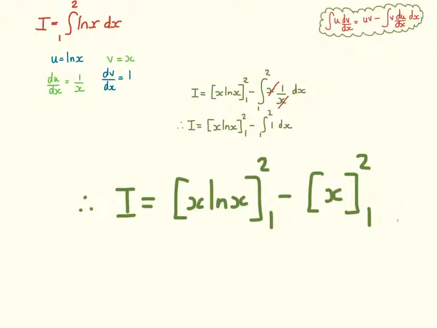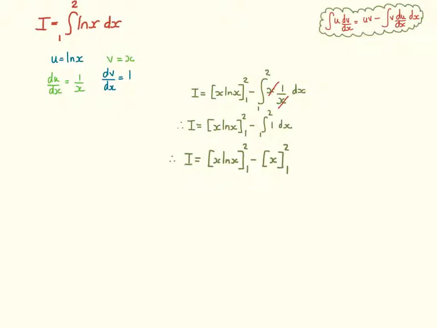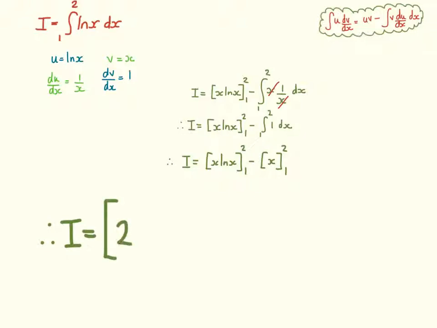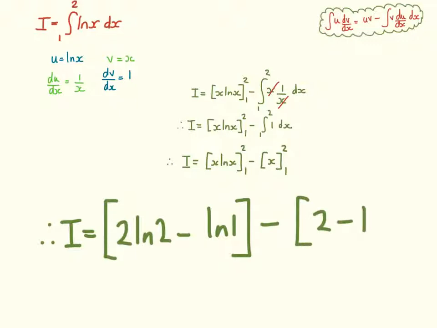So this is what you'd be using to work out areas under curves and things. You're going to use the arbitrary constant if it's not between two limits. So I is going to be 2 log 2, take away log 1, take away 2, subtract 1.